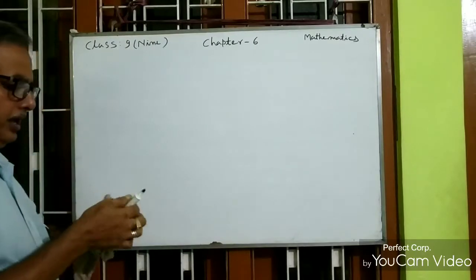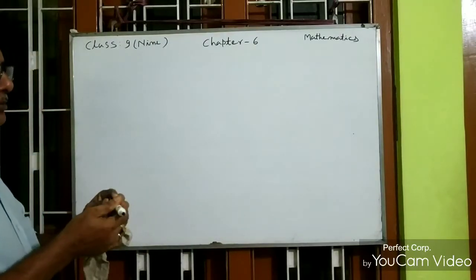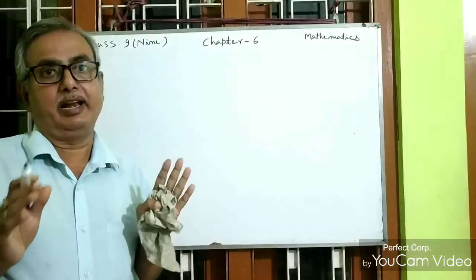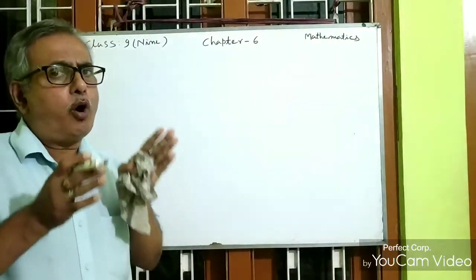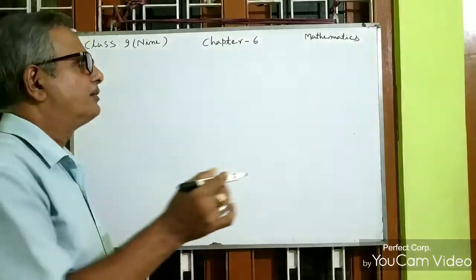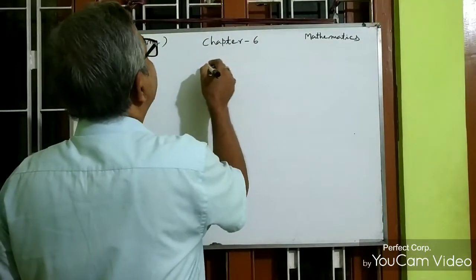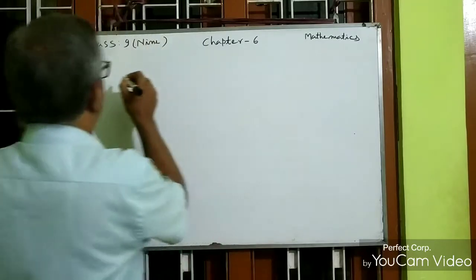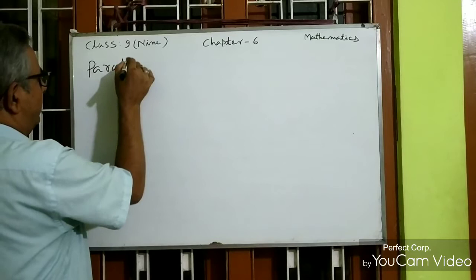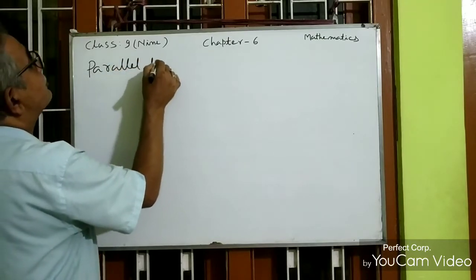Listen about the line segments I am telling you. What are called parallel lines? The two non-intersecting lines in a plane are called parallel lines. For example, these lines, what you can tell? Parallel lines.